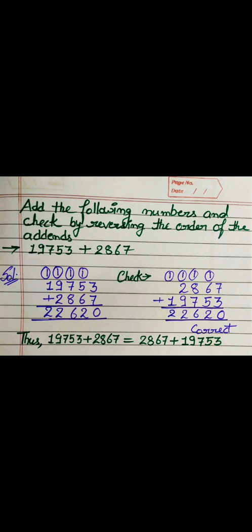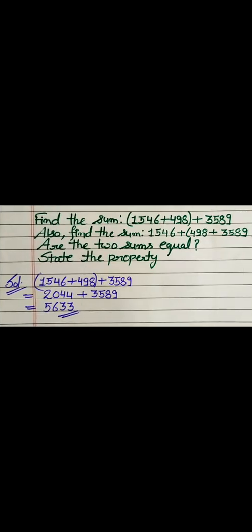Now, next is, here we have to find the sum of these two expressions, and then we have to tell also whether the two sums are equal, and we have to tell the property also. So first we will solve the first expression.